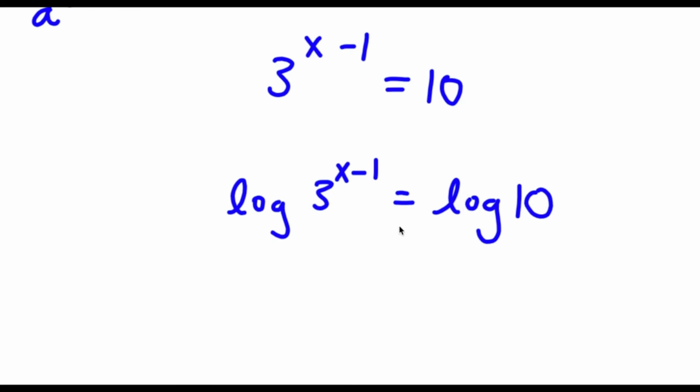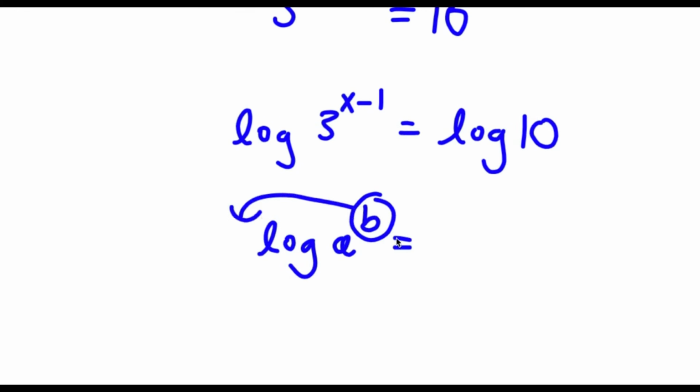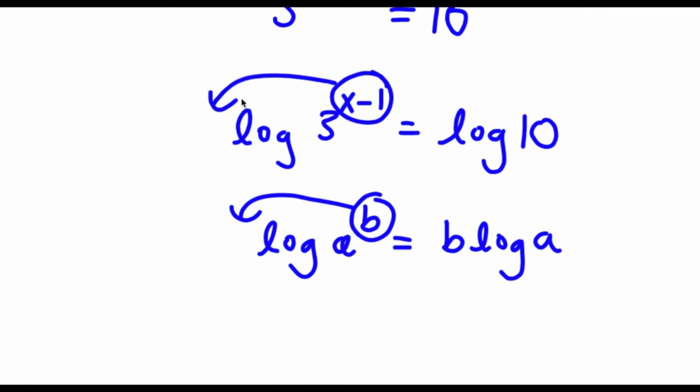Now, if I have something in the form log a to the power of b, I can actually move this exponent b to the front of the logarithm. So this is going to equal b times log a. So in this case, log 3 to the power of x minus 1, I can move x minus 1 to the front.